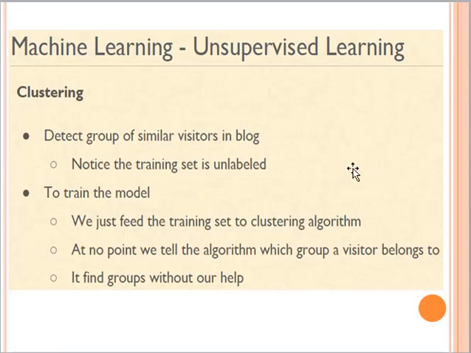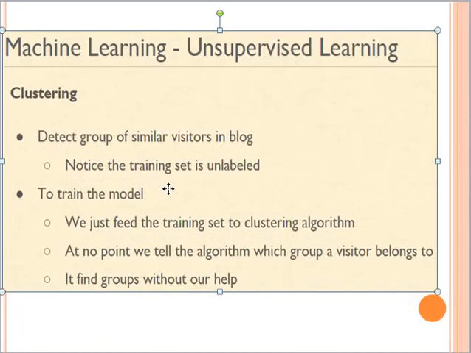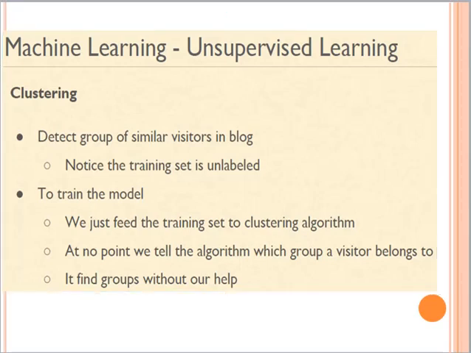So whatever clustering algorithm we are using, we just need to feed the input training data set to our algorithm. And once we have that training data set, at no point do we tell the algorithm which group a visitor belongs to, right? So during training, we are not telling our algorithm about the class or the desired target output label.